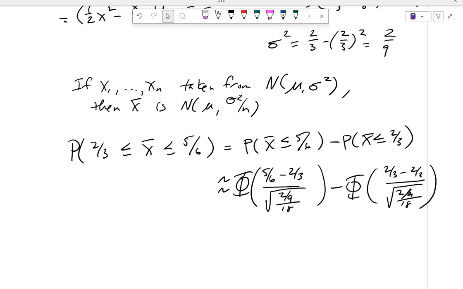So we'll do the square root of 2 ninths over 18. 2 ninths over 18 is just 1 over 81. Square root of that will give you a ninth, right? The second one is just 0, since I got a 0 on top. Oh, so I'm going to multiply. Well, 5/6 minus 2 thirds is a sixth times 9 is 1.5.